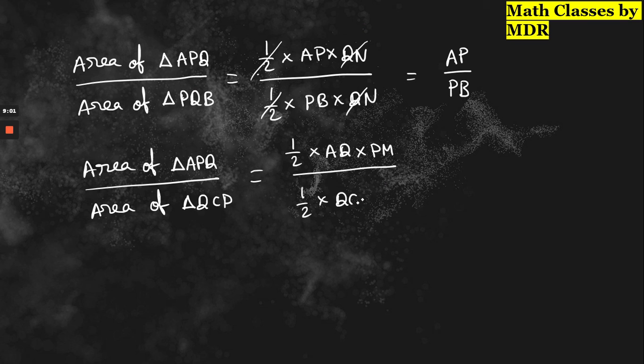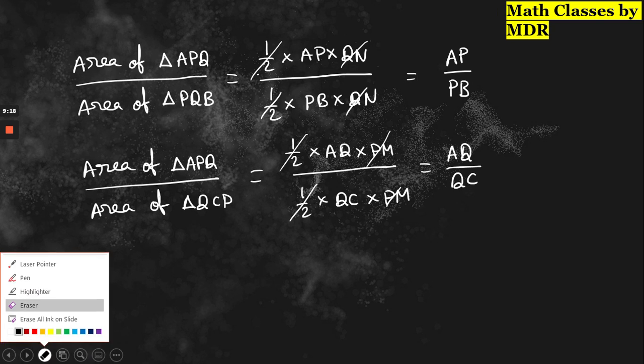So the half cancels, PM gets cancelled, and we have AQ by QC. So the ratio of the area of these two triangles is nothing but AQ by QC.